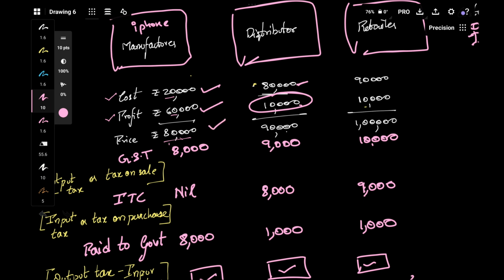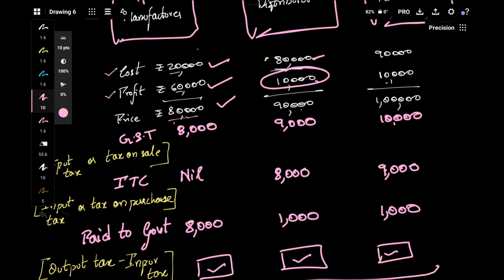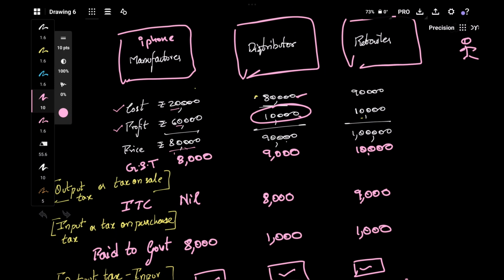After that the price has become 80,000. Now for this 80,000 he is trying to sell that good to a distributor.